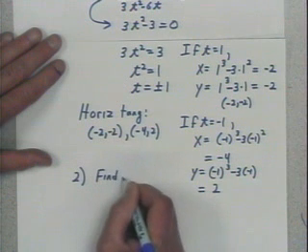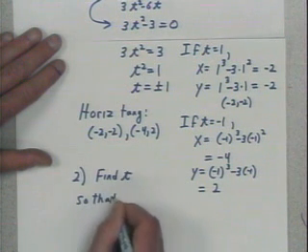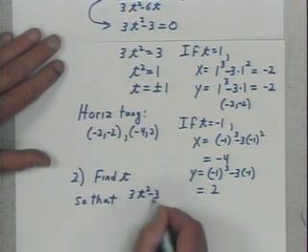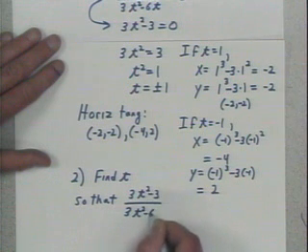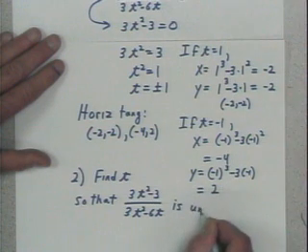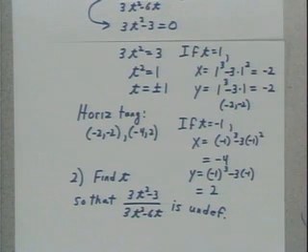I have to find t so that the derivative, 3t squared minus 3, all divided by 3t squared minus 6t, is what? Undefined. What makes that expression undefined?